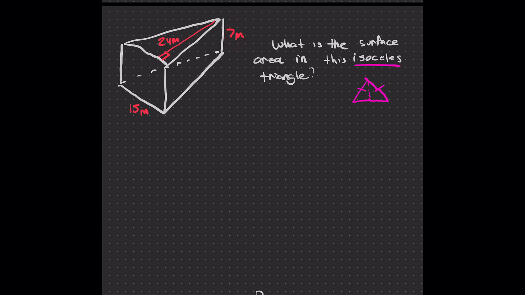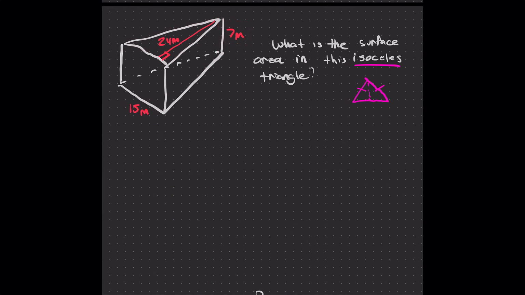The base is going to be 15, and this other height right here, which is the height of the triangle, not the height of the prism, is 24. So there are two different heights here. We have the height of the triangle and we have the height of the prism.